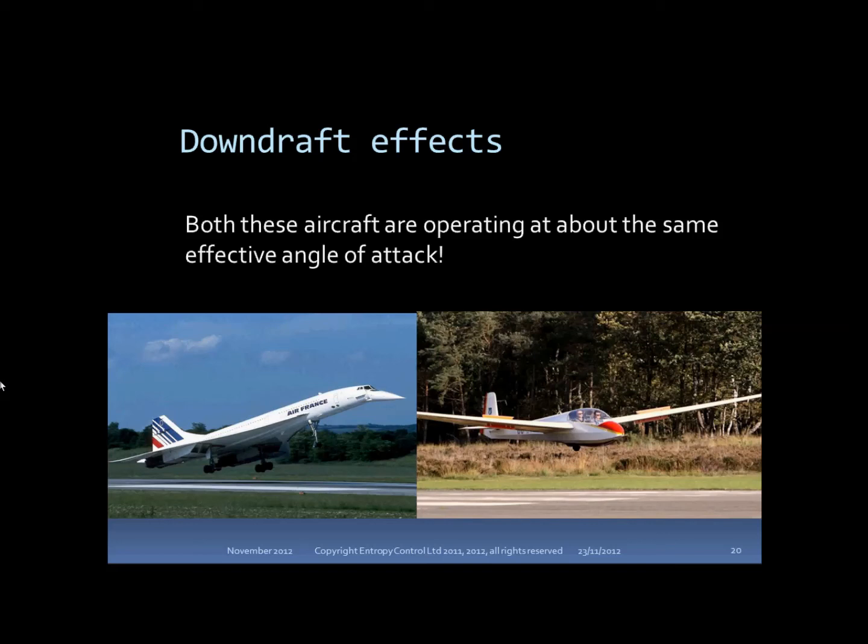In fact, the Concorde is sinking rapidly here, so its geometric angle is even higher than it looks. Hence, of course, the famous droop snoots so the pilot can see for landing. The glider, on the other hand, with its long wing, is producing very small downdraft velocity, so it flies pretty well flat.